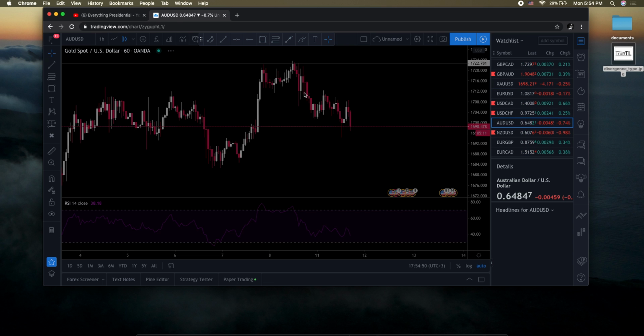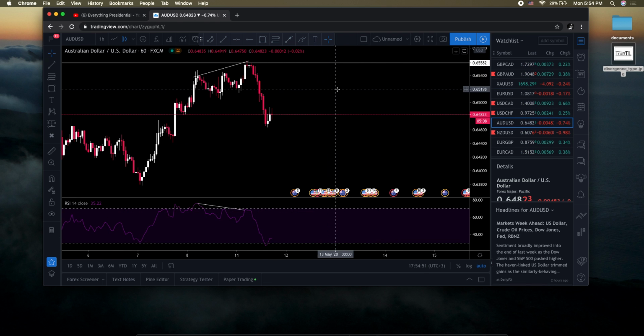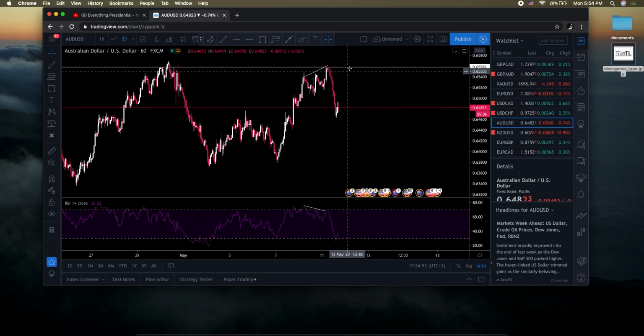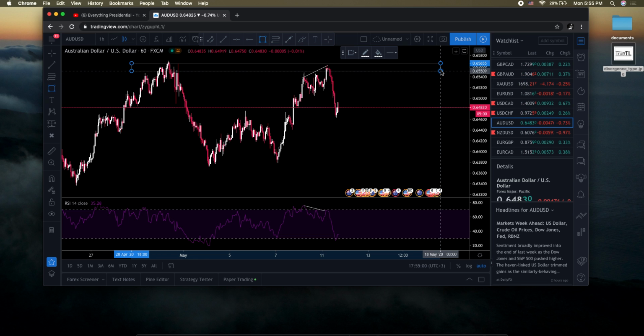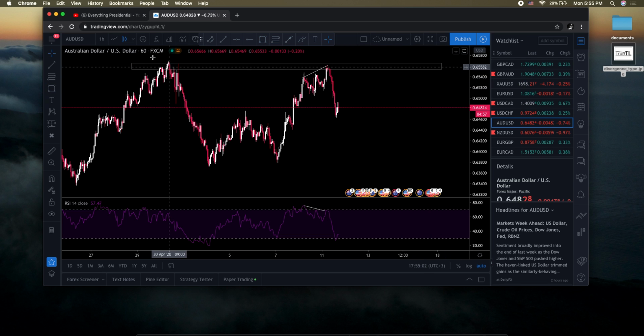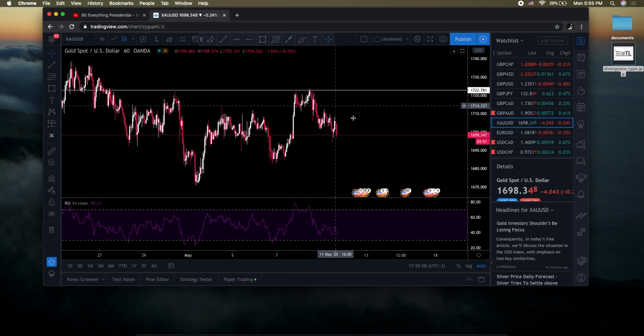My bad, guys. You can draw resistance as a line if you're a beginner, but I like to draw it as a zone of where the market was reacting from. You can draw it as a line. It doesn't really matter as long as your lines are accurate.